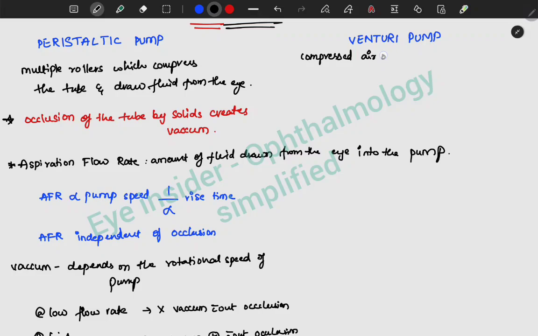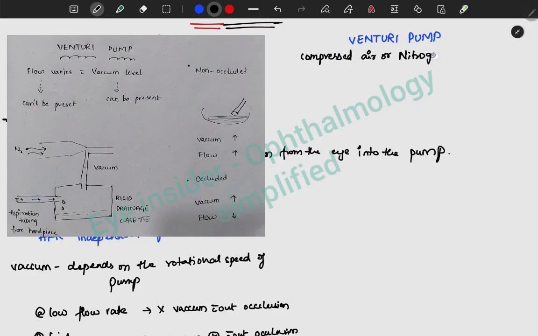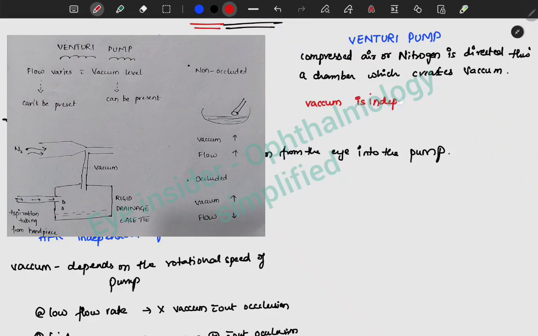So coming to the venturi pump, in this, compressed air or nitrogen is directed through a chamber. This chamber then creates vacuum. So vacuum is independent of occlusion.